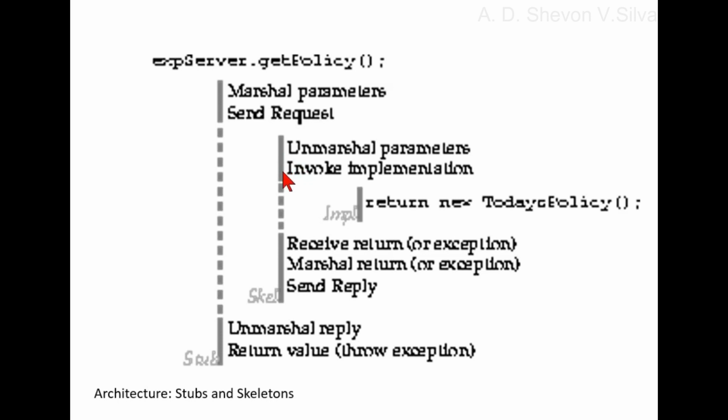When the server implementation completes, either by returning a value or throwing an exception, the skeleton marshals the result and sends the reply to the client stub.